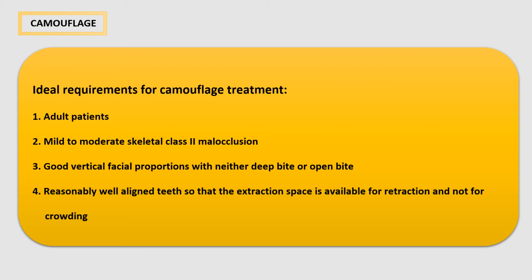There has to be a mild to moderate skeletal class 2 malocclusion, or the patients need to have a good vertical facial proportion with neither a deep bite or an open bite, and the teeth have to be reasonably well aligned so that extraction space is available for retraction, and it doesn't lead to any kind of crowding, or there isn't any severe crowding associated with any of the clinical features you see in class 2 patients.